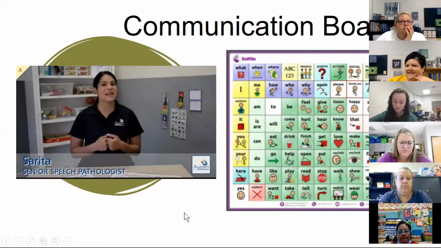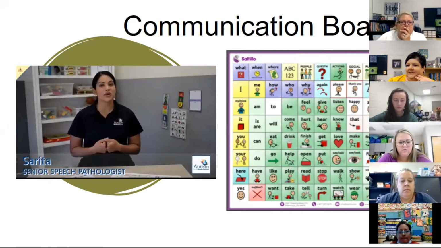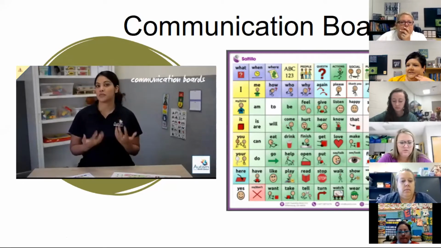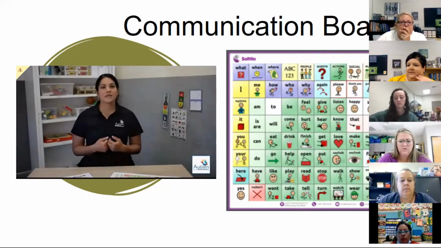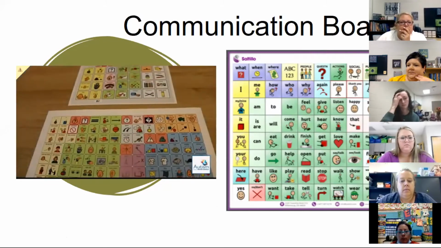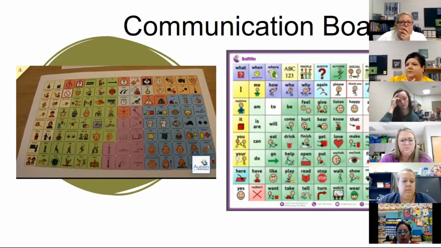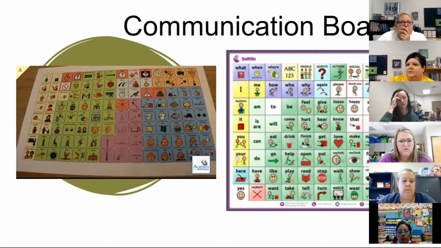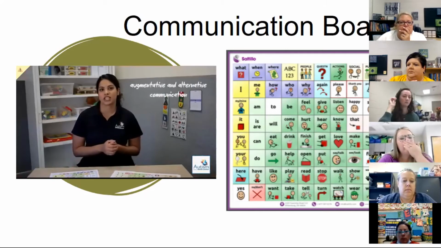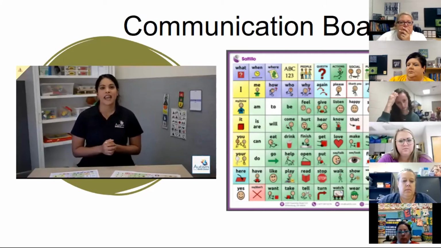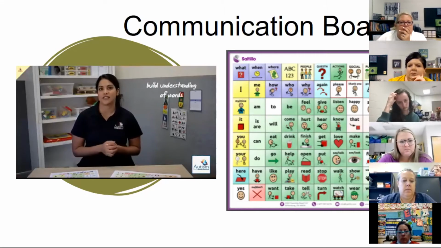Hi everyone, my name's Sarita and welcome back to the Communication Toolbox. Today we're going to talk about a strategy called communication boards. A communication board is a piece of paper that's usually designed with a range of symbols or pictures that a person can use to communicate. A communication board is a form of augmentative and alternative communication, or AAC, and it helps a person to better express themselves and to build their understanding of words.